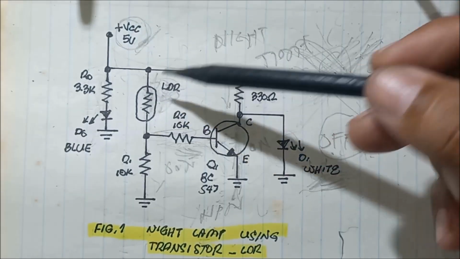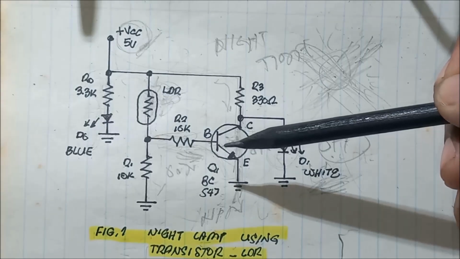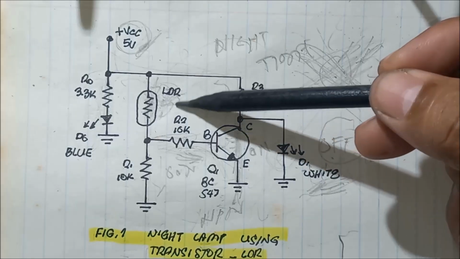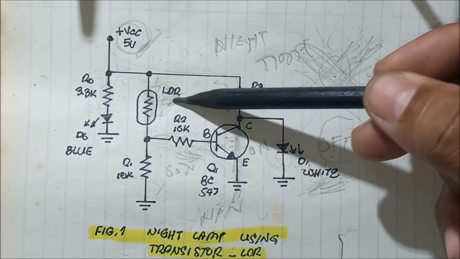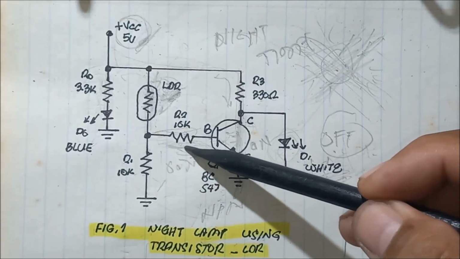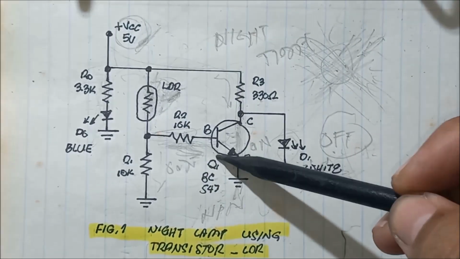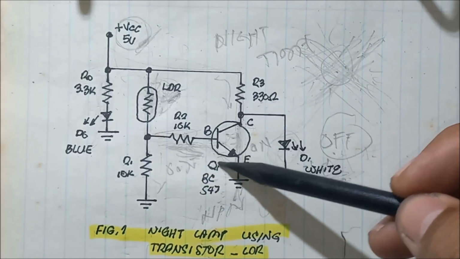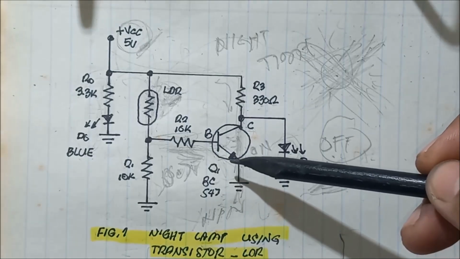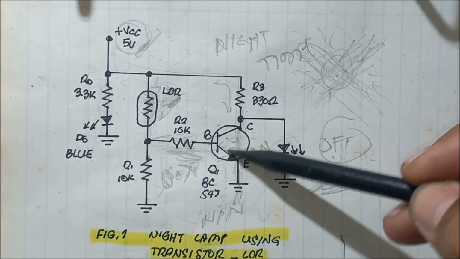It will increase the resistance of this light sensor, and because of that, less current flows into the base, which is not enough to provide 0.7 volts. So it will turn off.